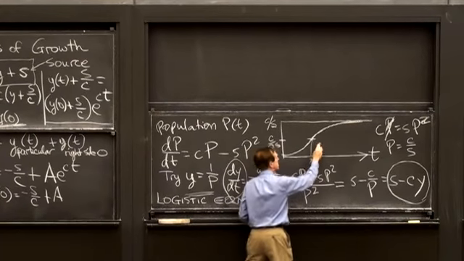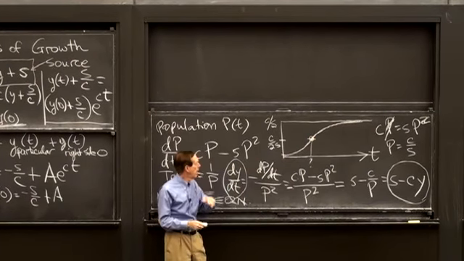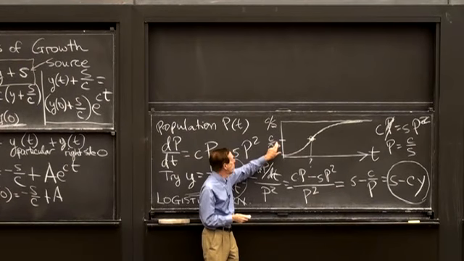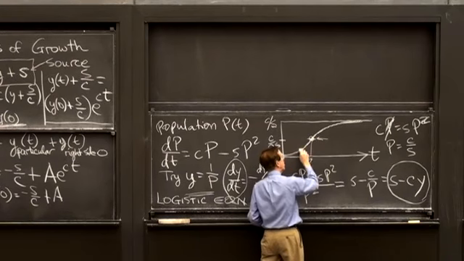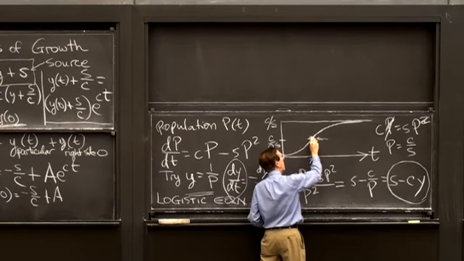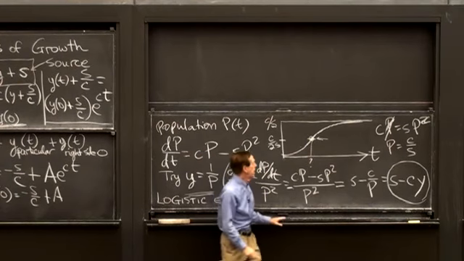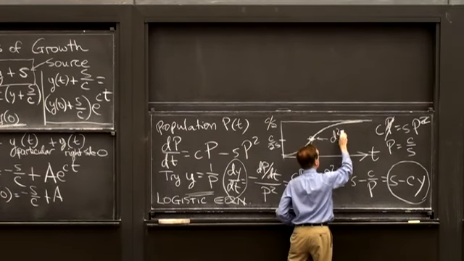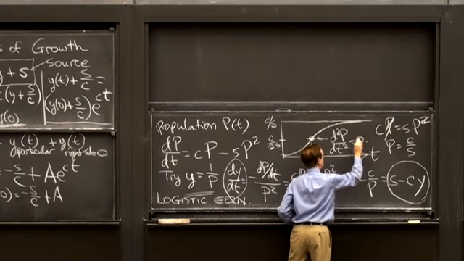check that this, so what do I mean at that inflection point? What's happening there? I claim that at this value of P, the curve stops bending up, starts bending down, which means the second derivative of P is 0.